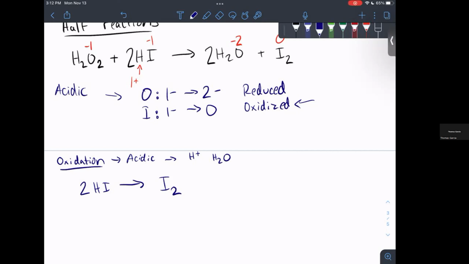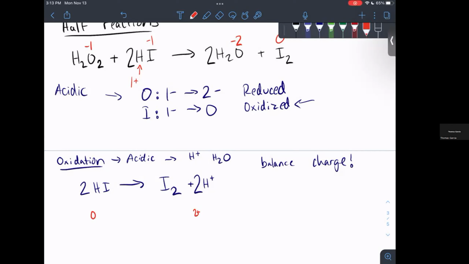So to balance this out, I'm going to need to add to the right side H plus. But not just one H plus, I need to add two H plus. All right, so we've added it and our elements are fully balanced, but we also have to balance charge. That is super crucial. And I have a 2 plus charge on my right side, but I only have a 0 charge on my left side.